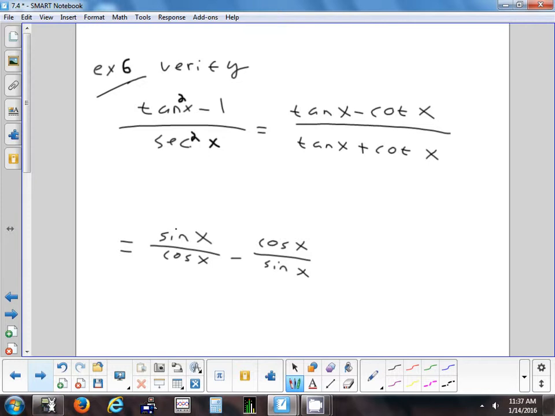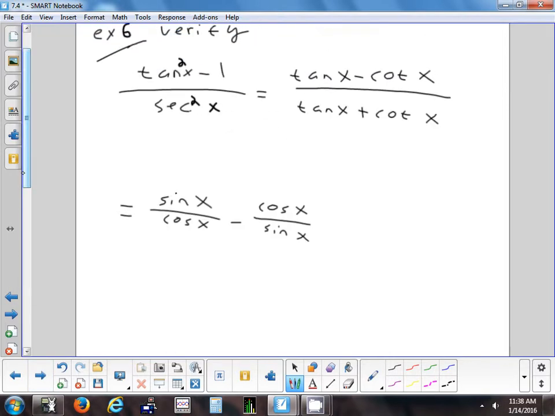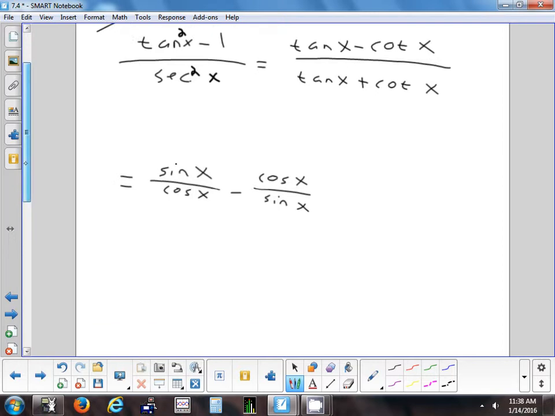Sines and cosines are not in the final answer. You could try that approach, but there's a Pythagorean identity you use to convert to tangent. Let's try changing everything to tangents. Something we haven't tried before, but if it looks like it's not going to work, we can always go back and do it this way.